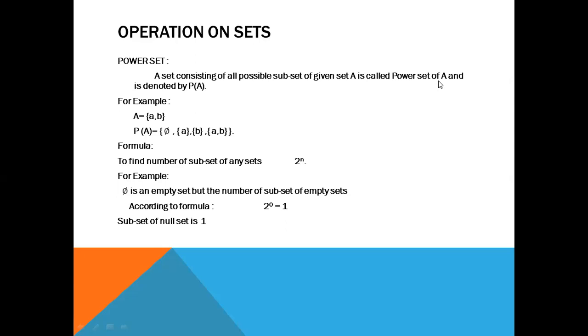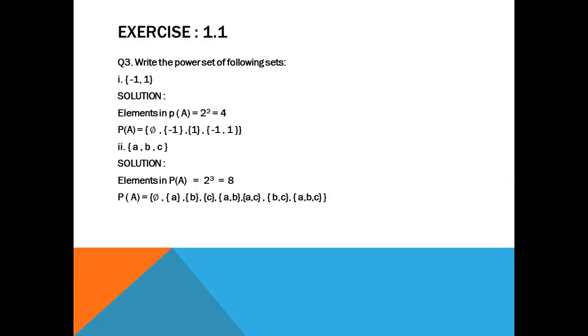Here is question number 3, part number 1. -1 and 1. There are two elements. I told you for the power set, we again use the same formula which was used in question 1, 2 raised to the power n. There are two elements, it means we take n equal to 2. 2 raised to the power 2 is equal to 4. It means when we are finding the power set of A, there will be 4 elements in the power set of A. We start from the null set.